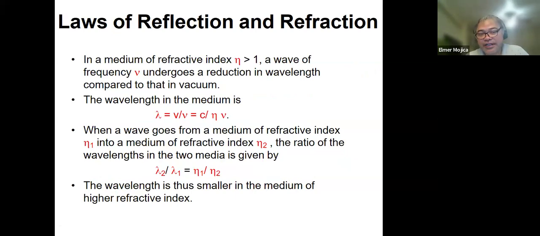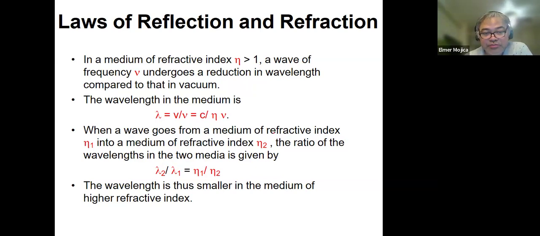If you look at the effect of the medium, in a medium of refractive index more than one, a wave of a given frequency undergoes a reduction in wavelength compared to that in vacuum. The wavelength in vacuum equals velocity over frequency, or the speed of light over the refractive index times the frequency.